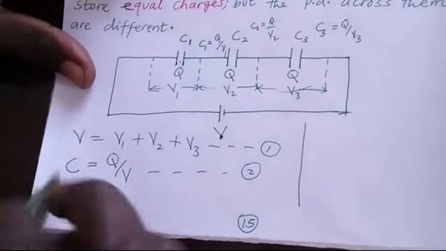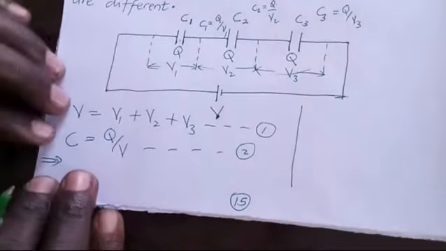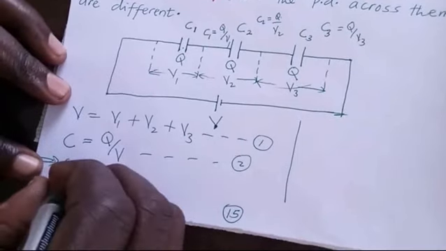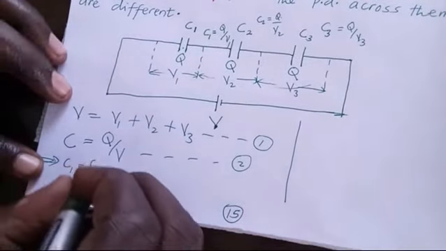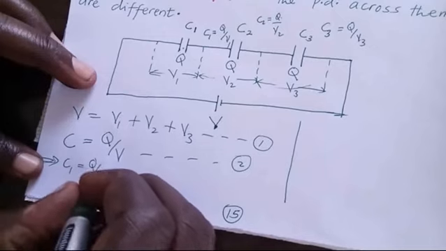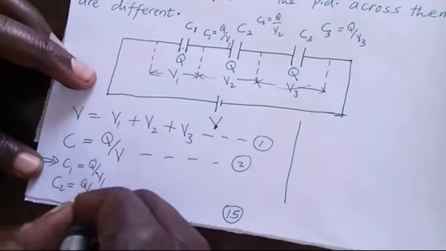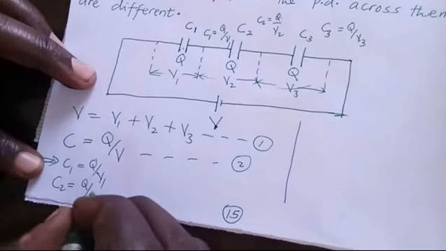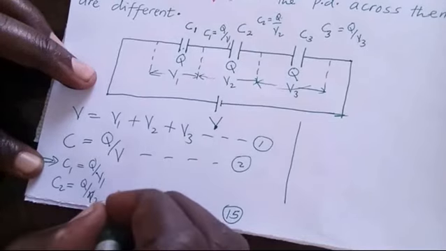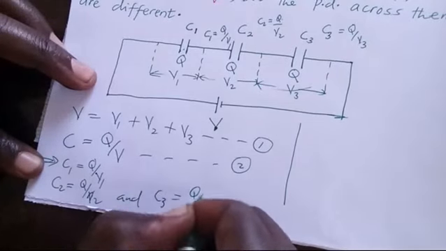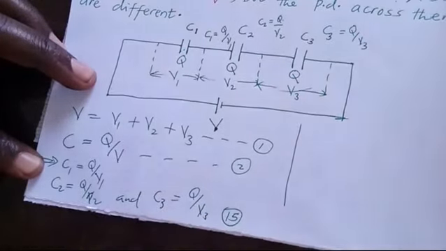This means that I can say C1 is equal to Q upon V1, C2 is equal to Q upon V2, and C3 is equal to Q upon V3.